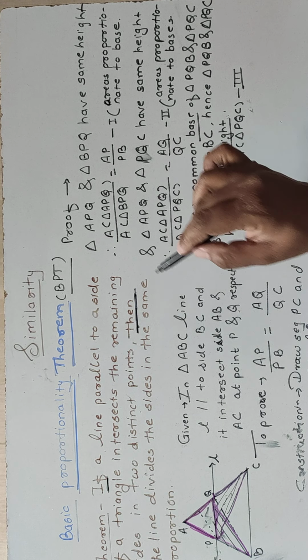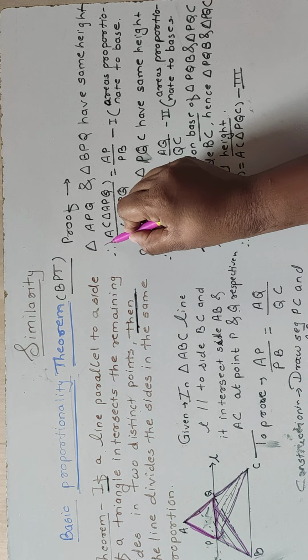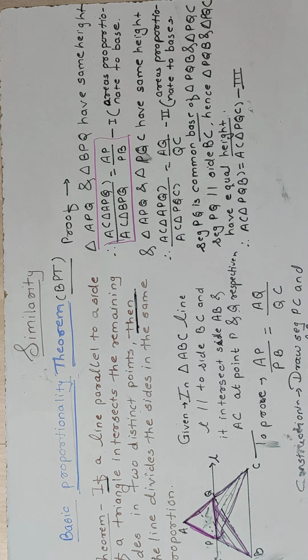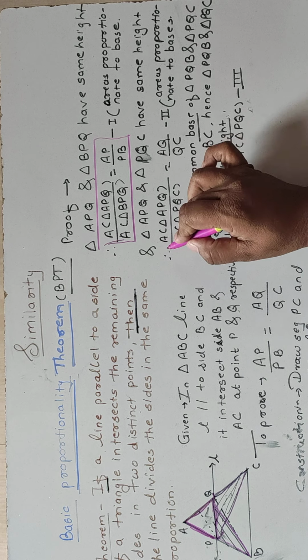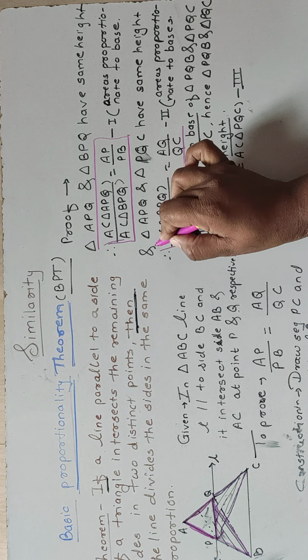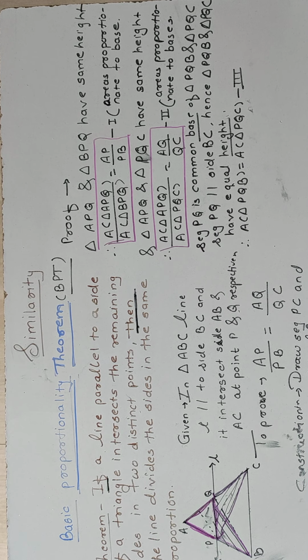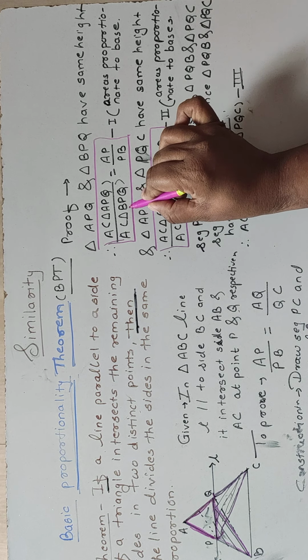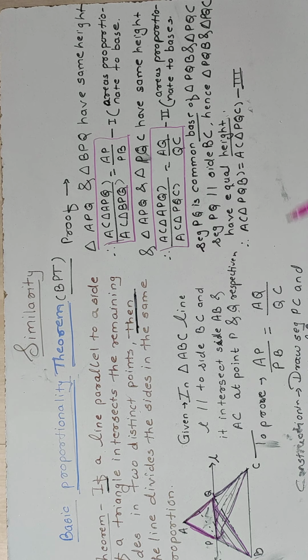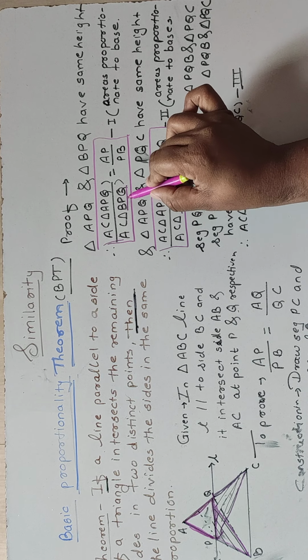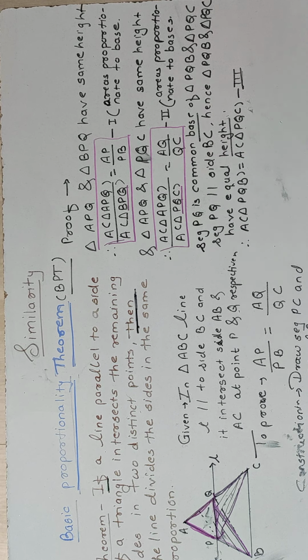Okay, now in the first statement we saw that area of APQ upon BPQ is equal to AP upon BP. In the second statement we saw that area of triangle APQ upon area of triangle PQC is equal to AQ upon QC. And in the third statement we saw that area of triangle BPQ and PQC is the same.